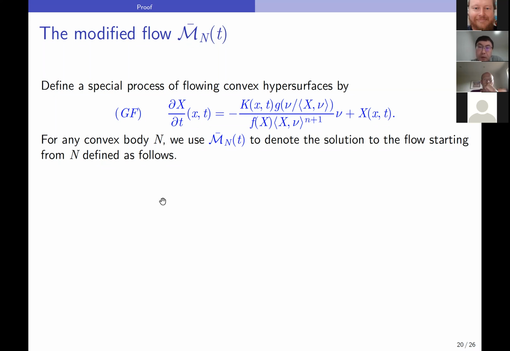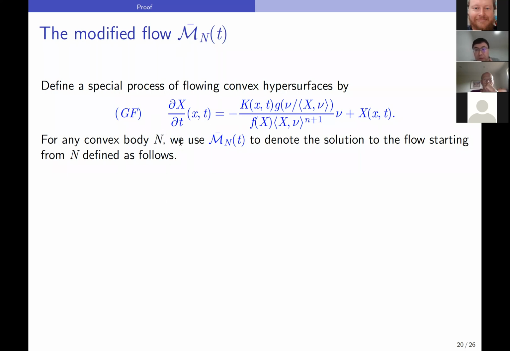That means the flow may develop singularities. In order to find a solution, we need to take some special action. So instead of just flowing any hypersurface, we take a special action and define a modified flow.